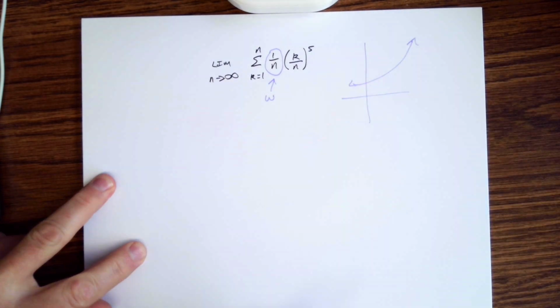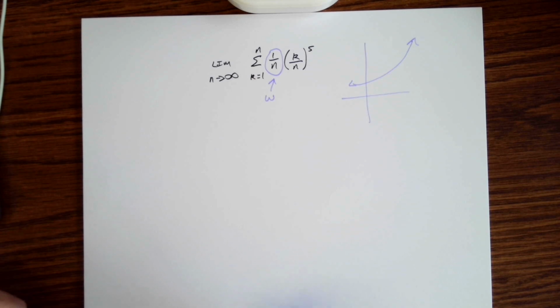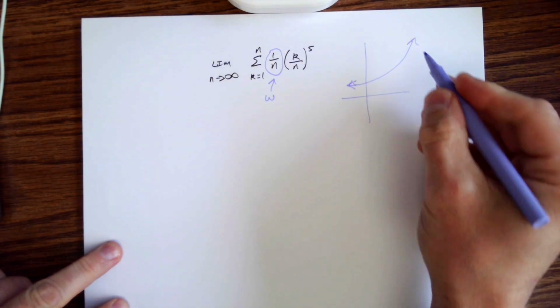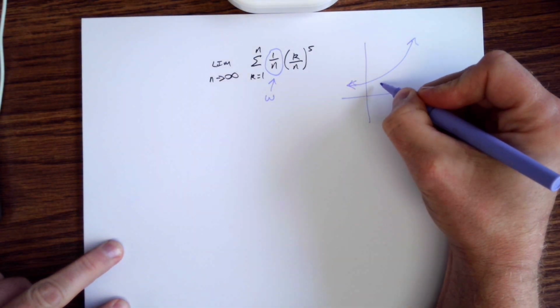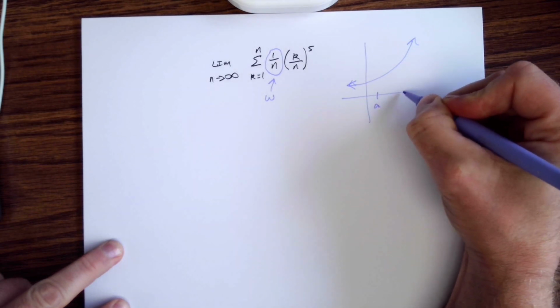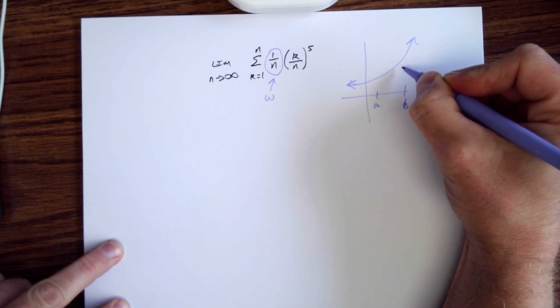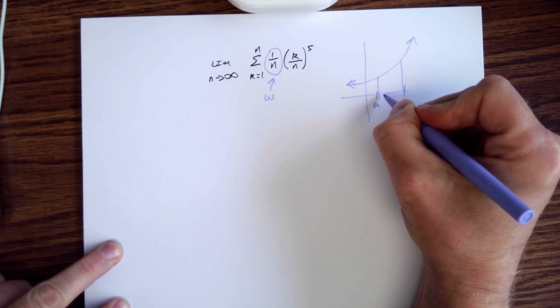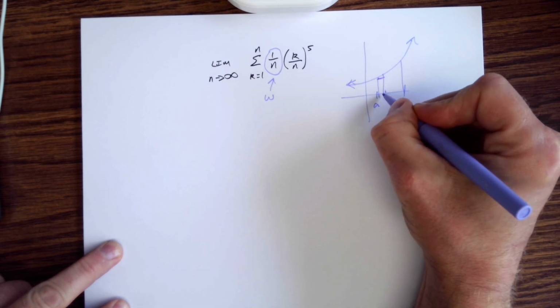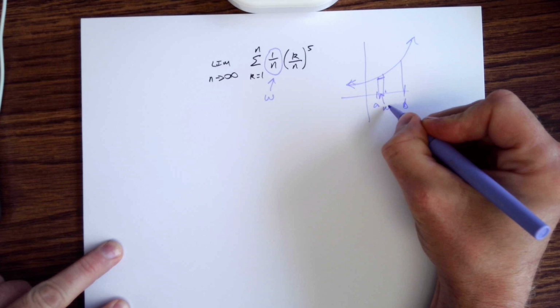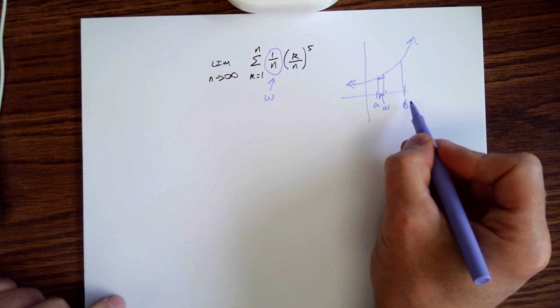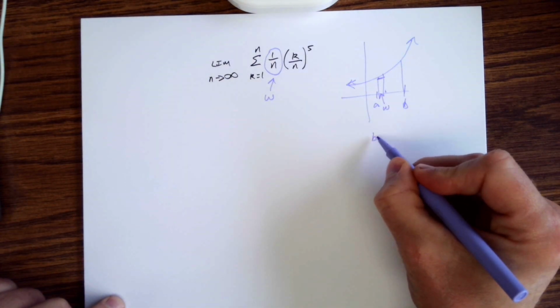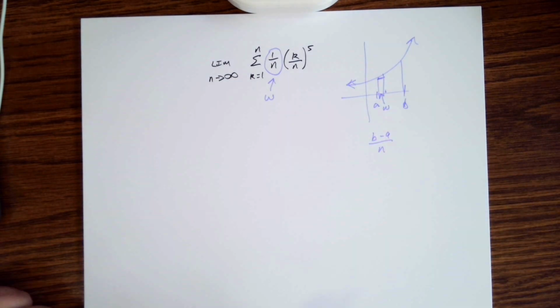I have no idea what this shape really is supposed to be like because I don't know what the function is. But let's just say that's the generic curve. And we're going from point A to point B, from there to there. The width for our rectangles, that piece right there, is W. And that's found by doing B minus A divided by the number of pieces.